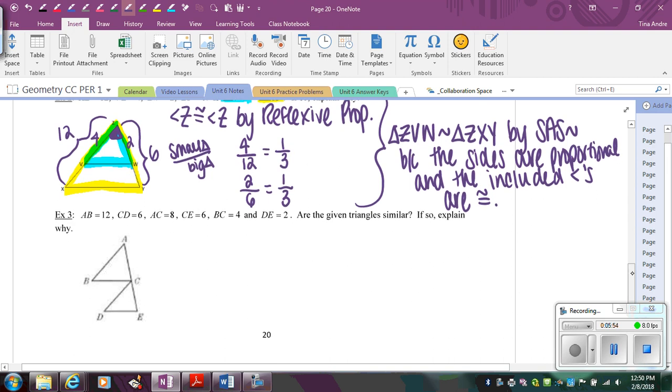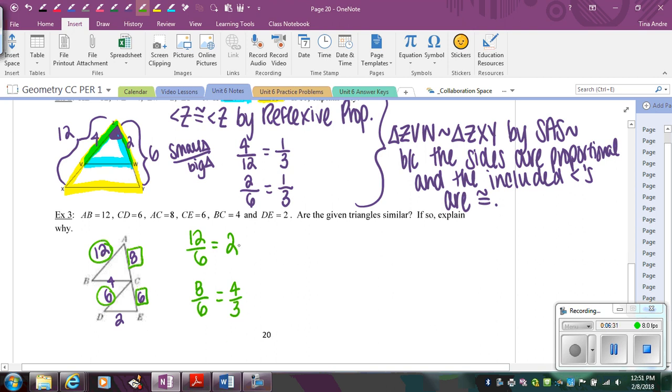For the last one here, let's go ahead and label. We have 12, CD is 6, AC is 8, CE is 6, DC is 4, and DE is 2. Let's start matching up our pieces. 12 corresponds with the 6, so 12 over 6 reduces down to 2. 8 corresponds to 6, so if you divide the top and bottom by 2, you end up with 4/3.